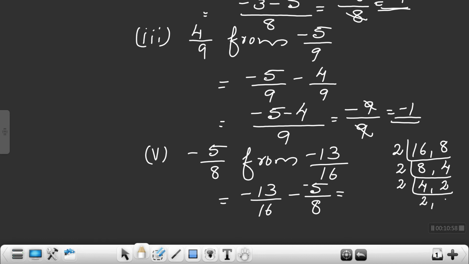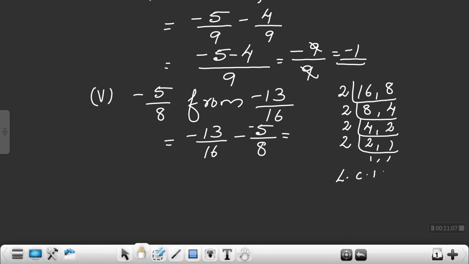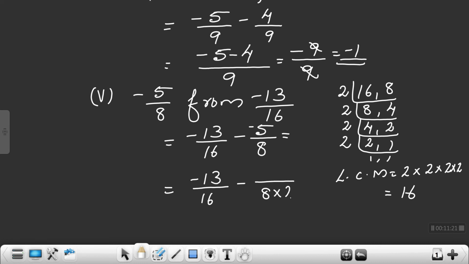LCM: 2, 1, 2, 1, 1. LCM equals 2 into 2 into 2 into 2, that is 16. The first rational number has no change in denominator. For the second, 8 into 2 is 16, so we multiplied 5 also by 2.